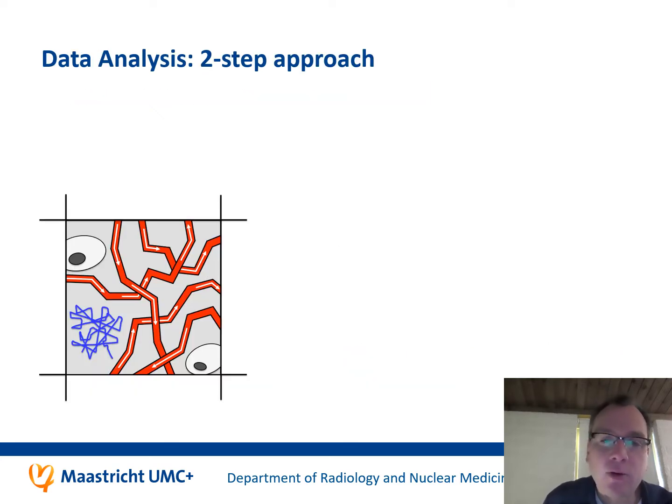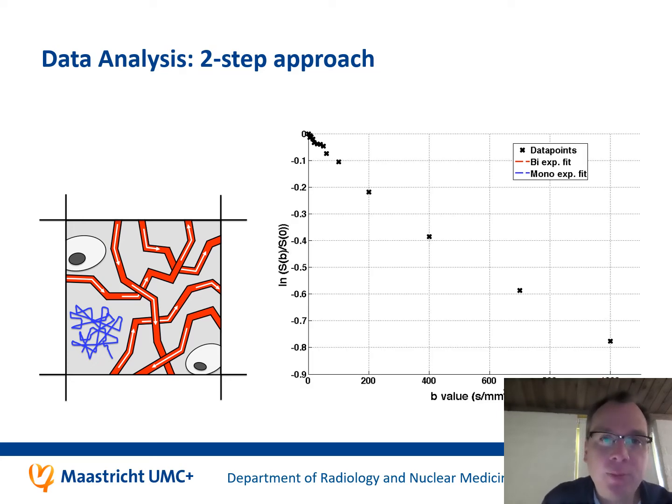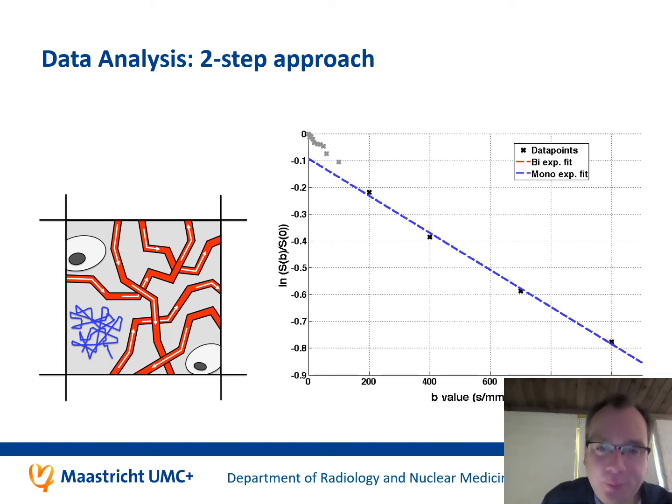And in order to analyze this, it is common to use a two-step approach. So here you see this graph again, where the logarithmic signal is plotted as a function of b value. In this case, we fit the b values of 200 and higher to a mono-exponential.